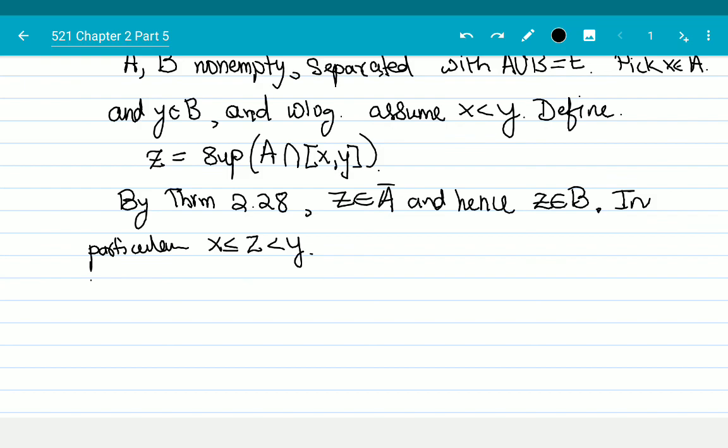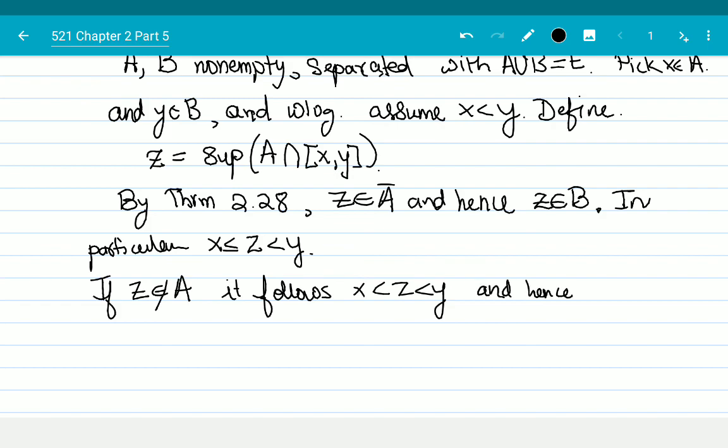Now, if Z does not belong to A, it follows that X is smaller than Z, smaller than Y, right? Because X is in A, and hence Z does not belong to E, right?